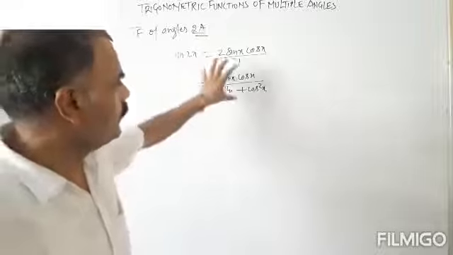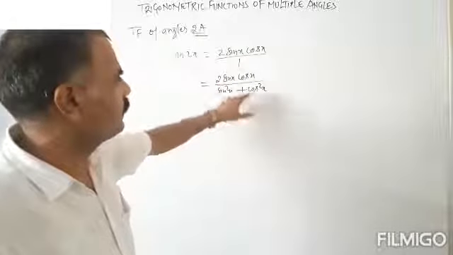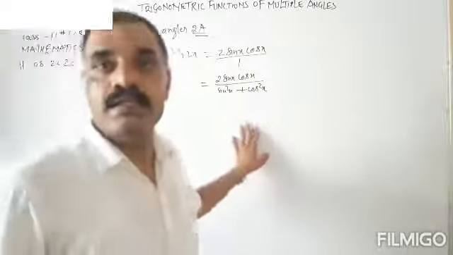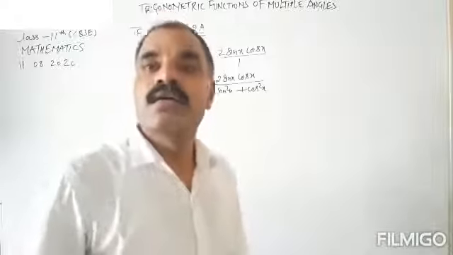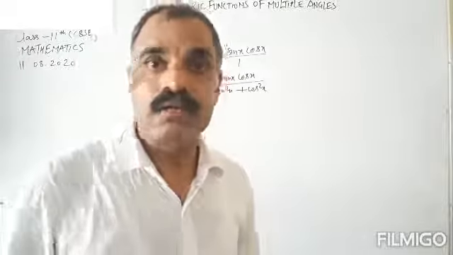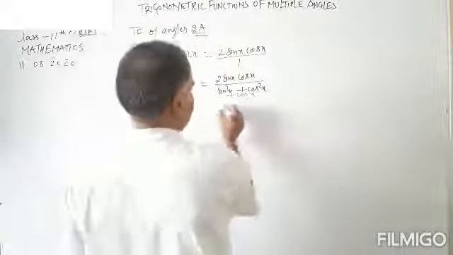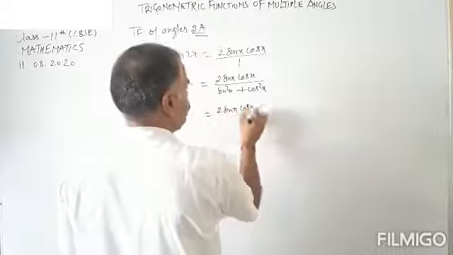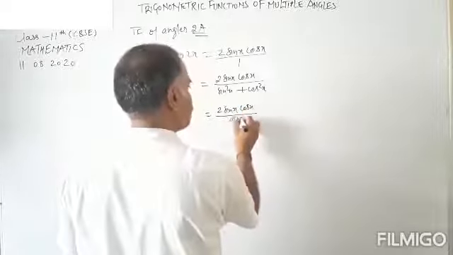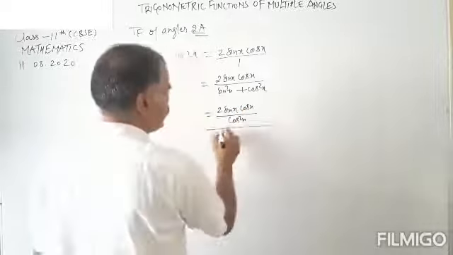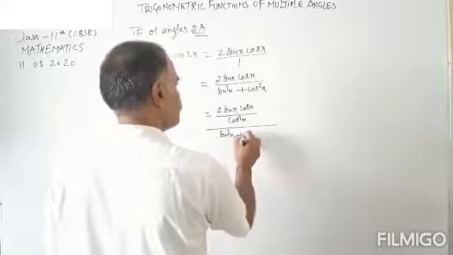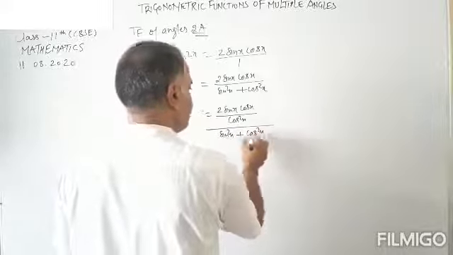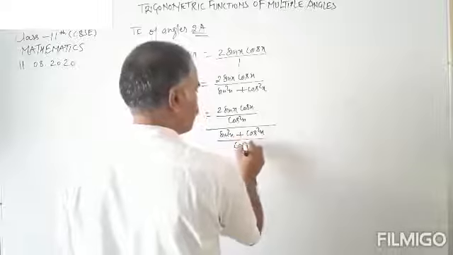Now divide numerator and denominator of this by cos square x. So divide 2 sin x cos x by cos square x, and sin square x plus cos square x by cos square x.